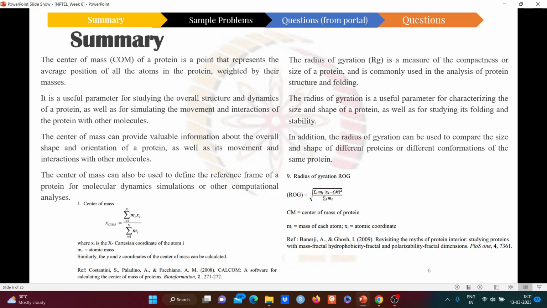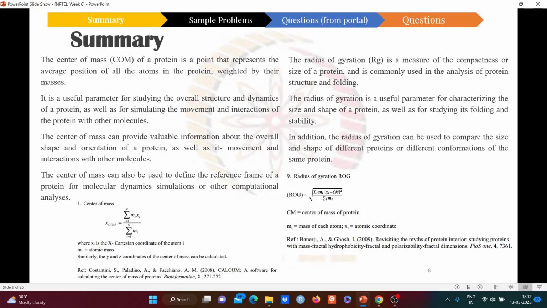A larger radius of gyration indicates a more extended or flexible structure, while a smaller radius of gyration indicates a more compact or rigid structure. In addition, the radius of gyration can be used to compare the size and shape of different proteins or different conformations of the same protein.